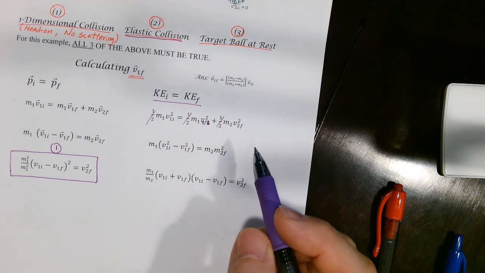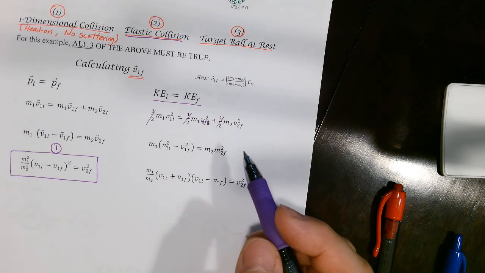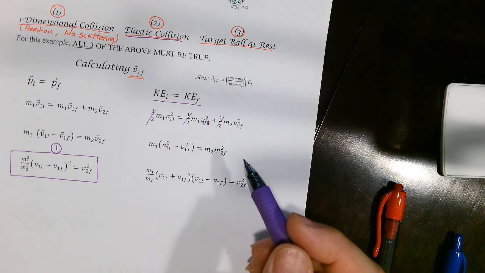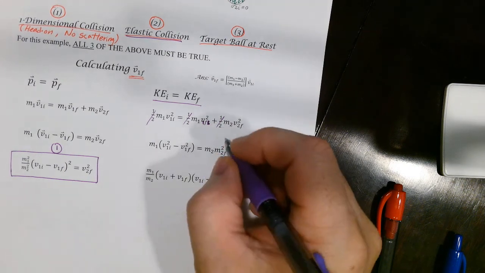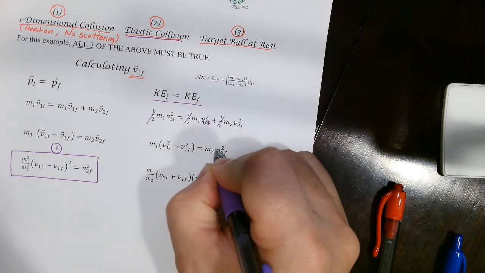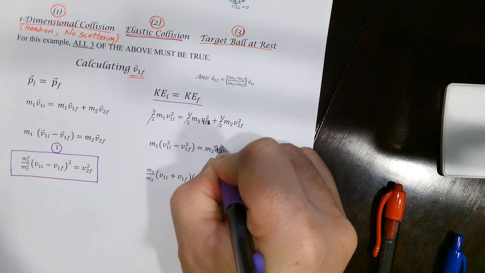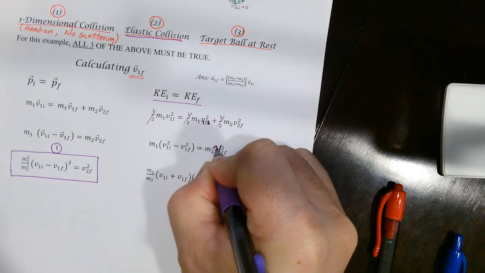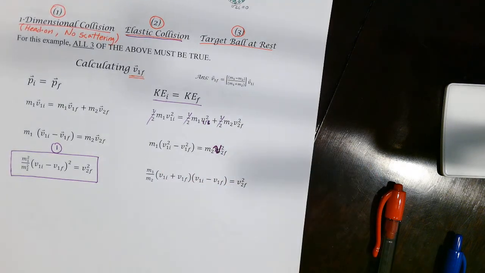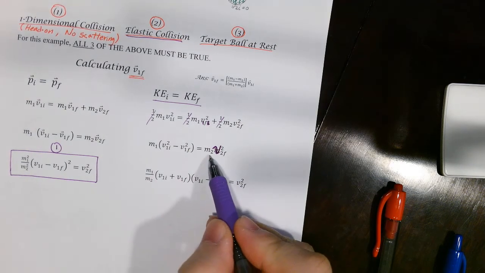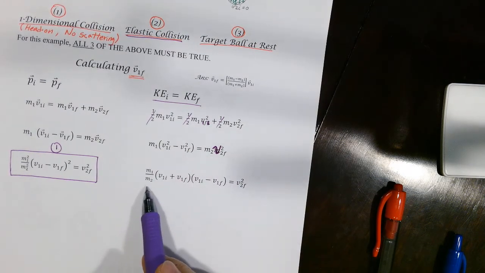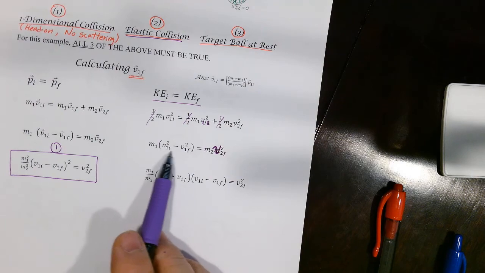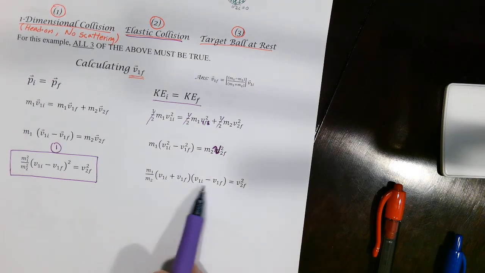Then if I divide both sides, this is messed up, sorry. This is a typo. This should be V. If I divide both sides by m2 and factor this out, this is what I would get.